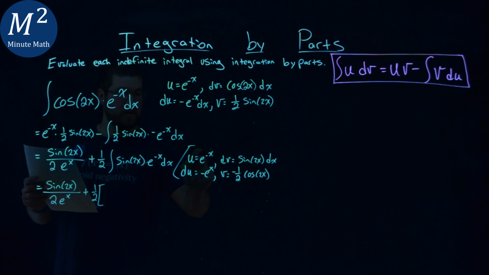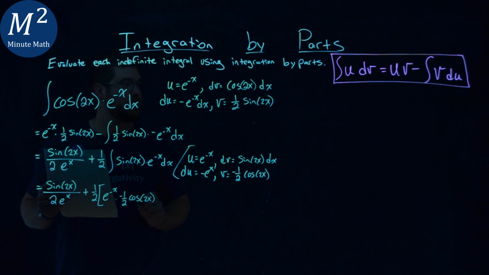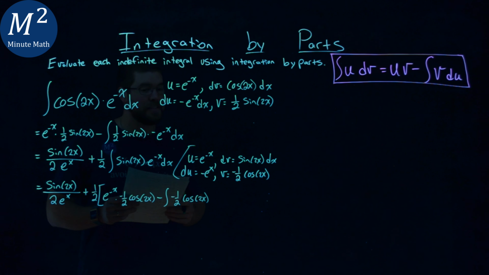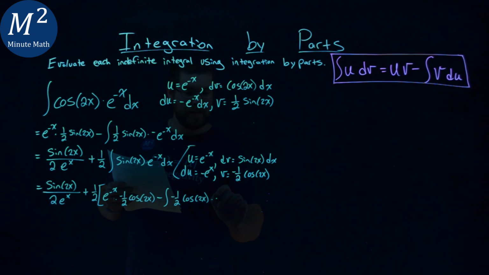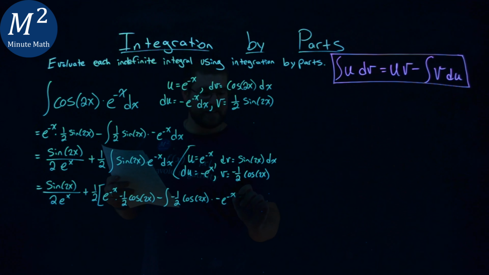U times v, u in this case is e to the negative x power, times my v value, negative 1/2 cosine of 2x, minus the integral of v, which is negative 1/2 cosine of 2x again, times my du, which is a negative e to the negative x. And then we still have our dx at the end.